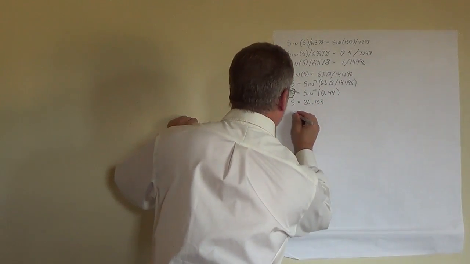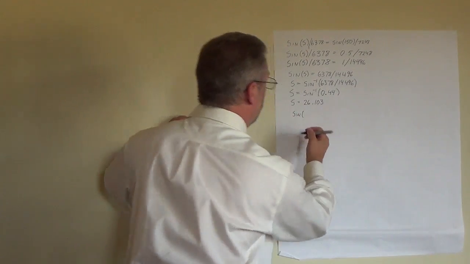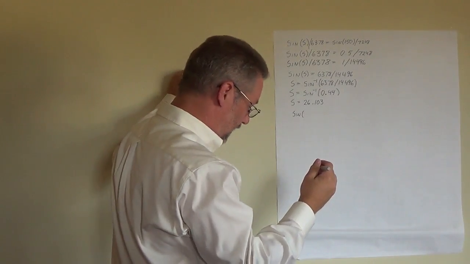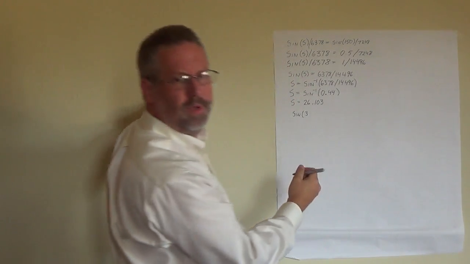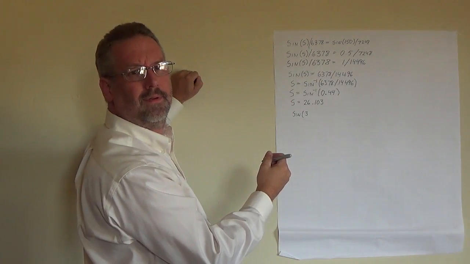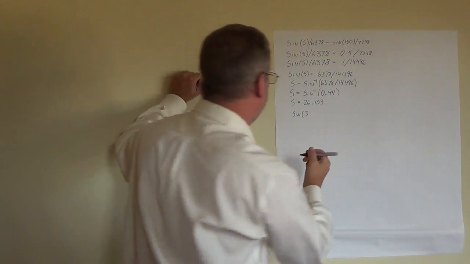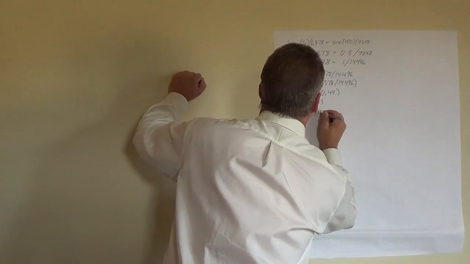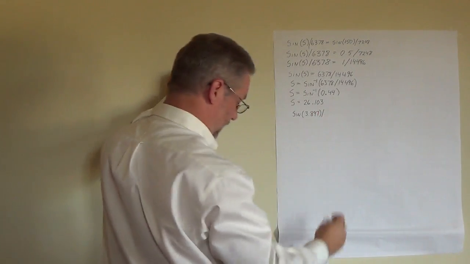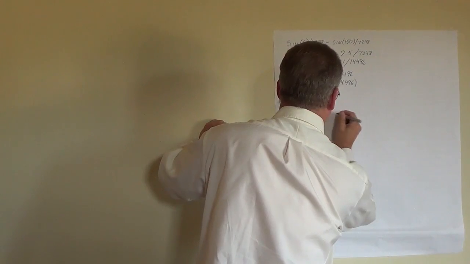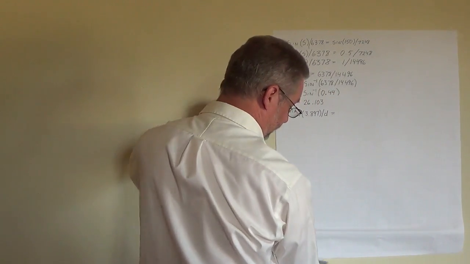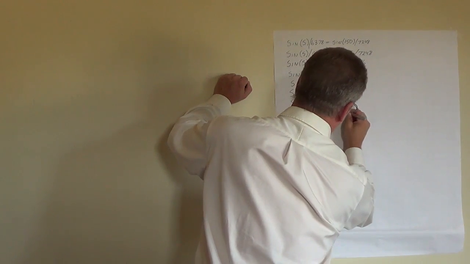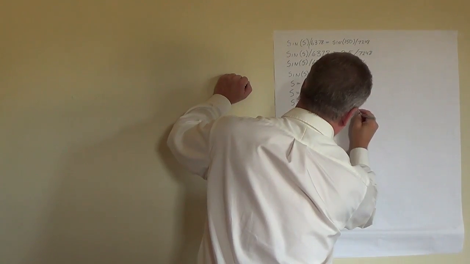So the sine of the angle, which we already know is 3.897 degrees, over D is equal to 1 over 14,496.